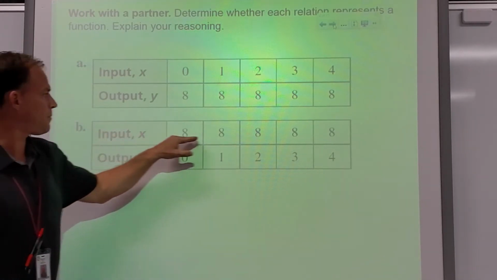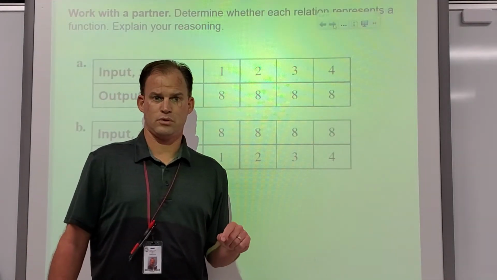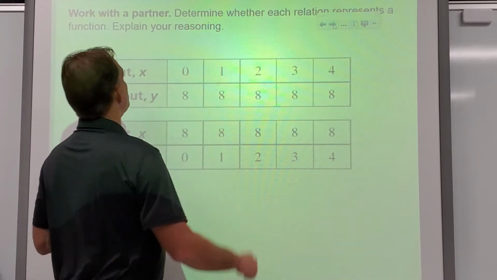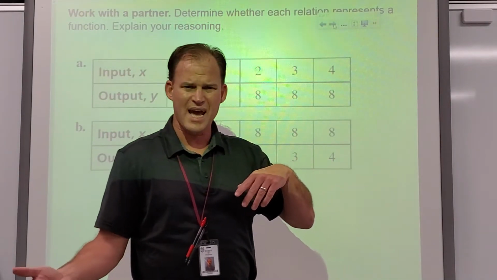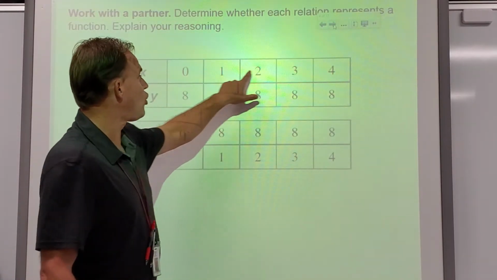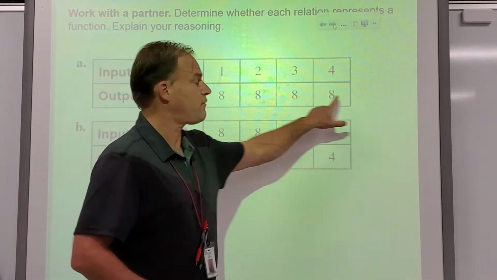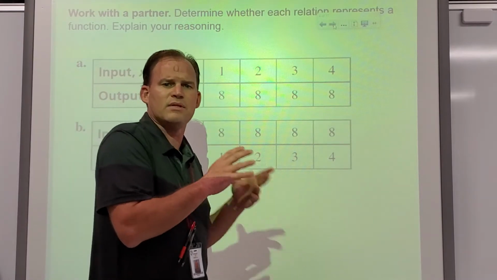Or, if I plug in 8, I get a whole bunch of different numbers. So, as long as each one goes to this, does each number give an answer? Yes, it does. This is considered a function. These are all different, is the big key here. It doesn't matter if your outputs are the same. They can have the same output, just can't have the same input.